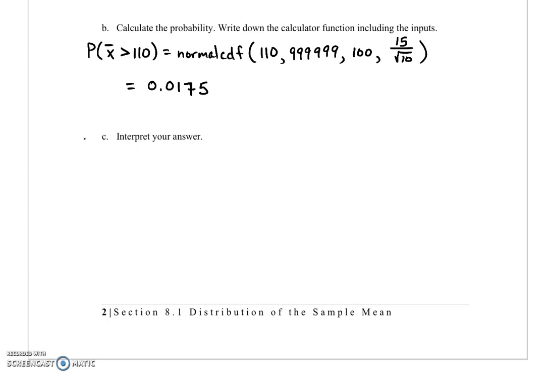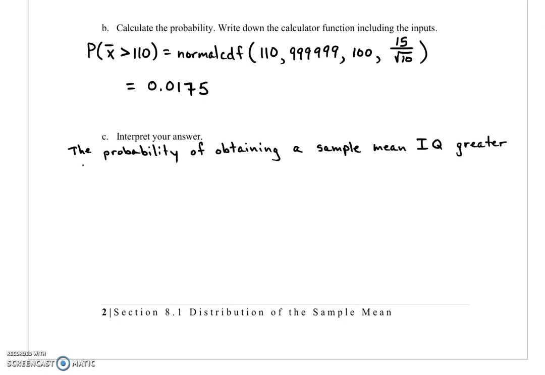The first way we can interpret it is just by saying the probability of obtaining a sample mean IQ greater than 110 from a population whose mean is 100 is 0.0175.